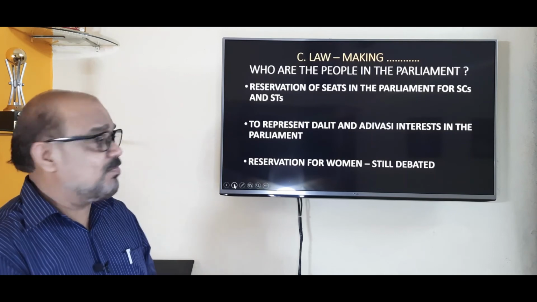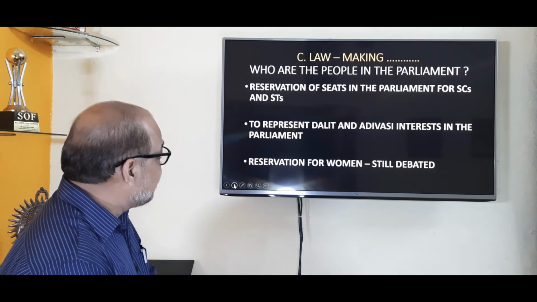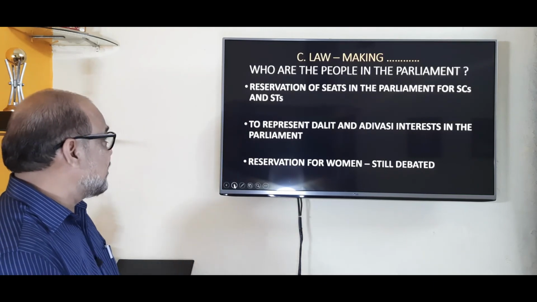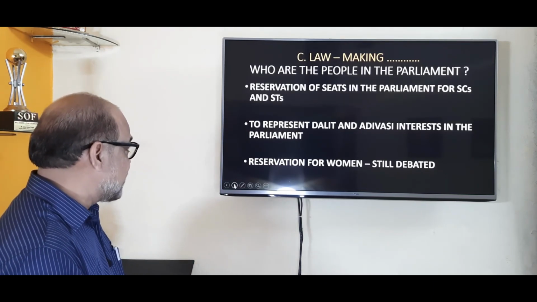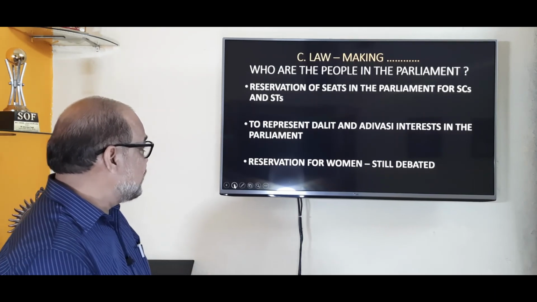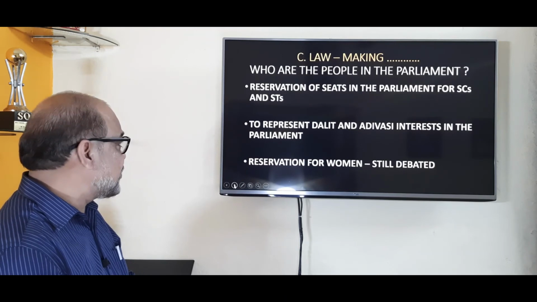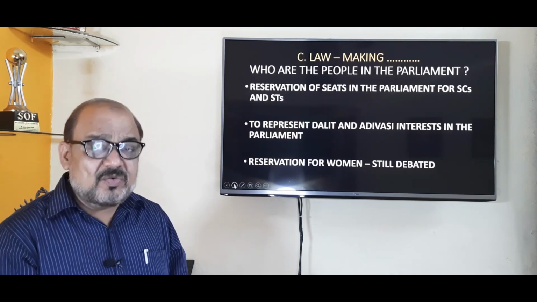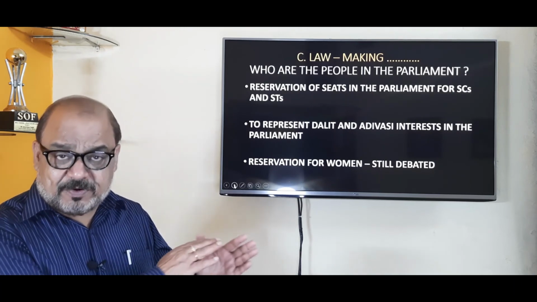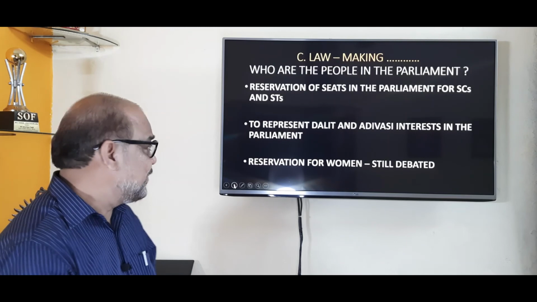Law making, some more important things, who are the people in the parliament. Then third important thing, as we discussed earlier, reservation of seats in the parliament for scheduled caste and scheduled tribes. The next is to represent Dalit and Adivasi interest in the parliament. The government includes ministers from these sections of society in the government.